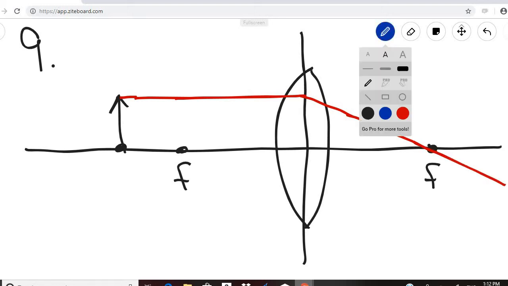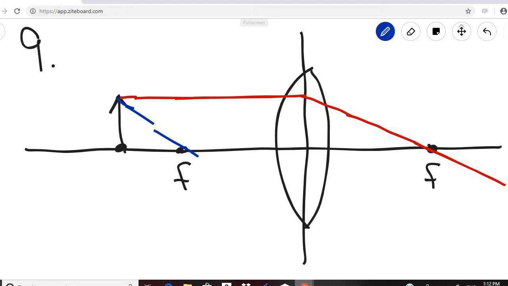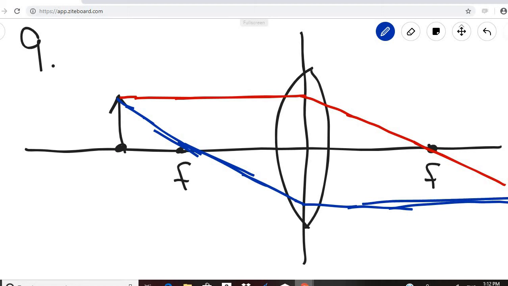And then the other one will go through the focal point, and when it reaches the center of the lens, it will go out horizontally. And it will intersect right here. So it's going to be off our board there a little bit.